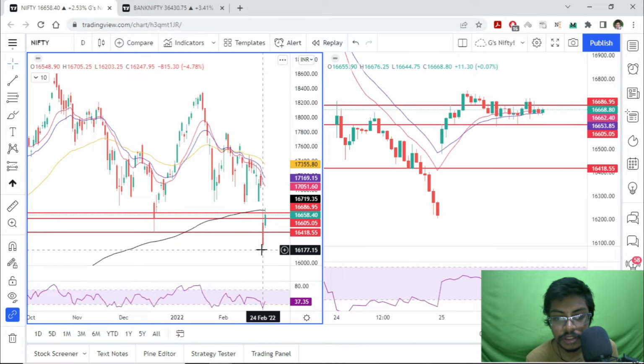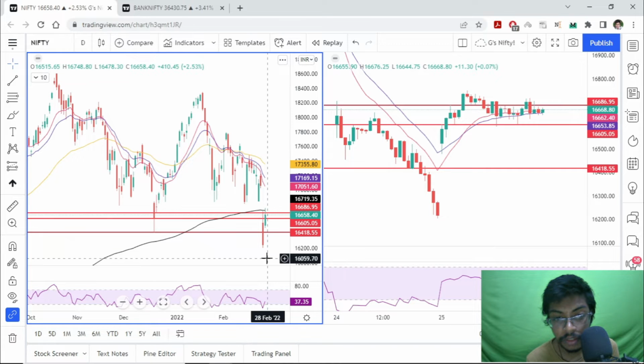So 16,700 and 16,800 was the resistance. From there we fell drastically, and today we might open around 16,500 odd levels. That's right in and around Friday's opening level.